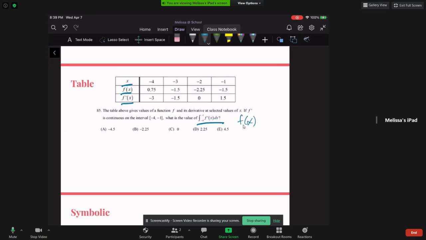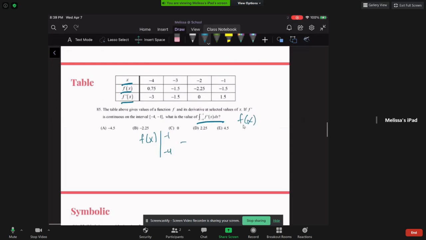So what we're doing is evaluating, and this is a new format for showing that you are substituting in values. We're evaluating f of x from -4 to -1. It's just a different notation to show that you're substituting in and evaluating. That gives us f of -1 minus f of -4.